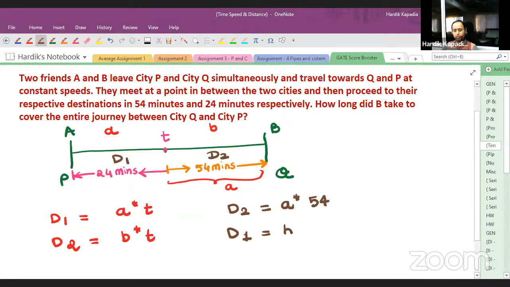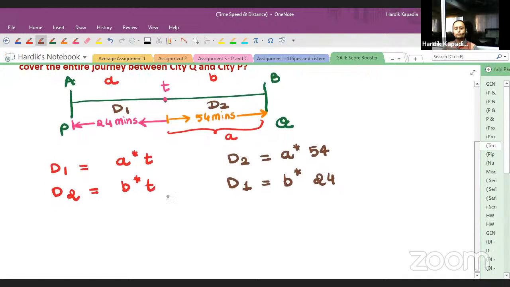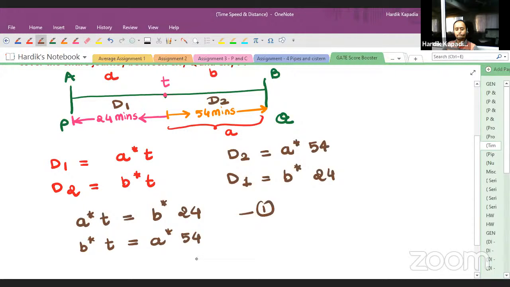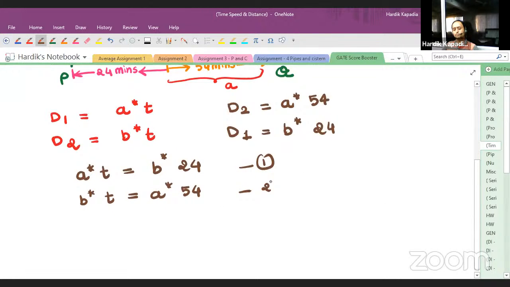So I can say b into 24. The speed is constant for entire journey. So now I can say a into T is equal to b into 24. This is my equation 1. And I can say b into T is equal to a into 54. This is my equation 2.